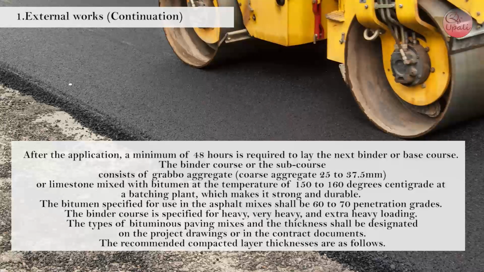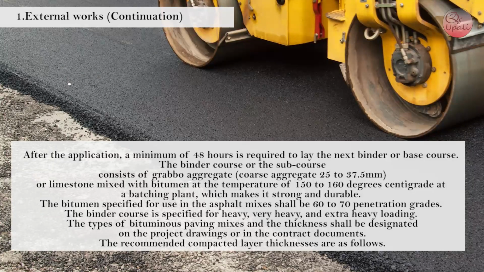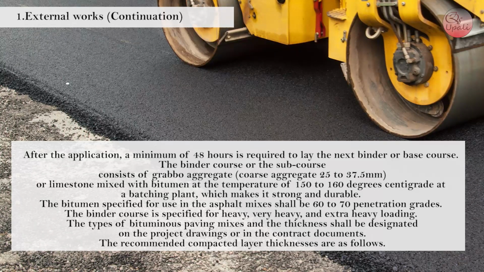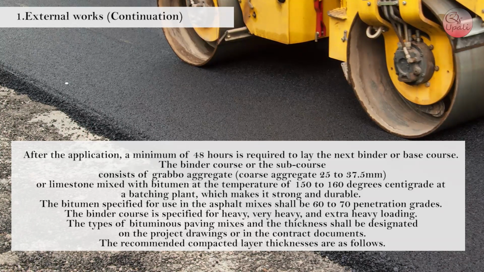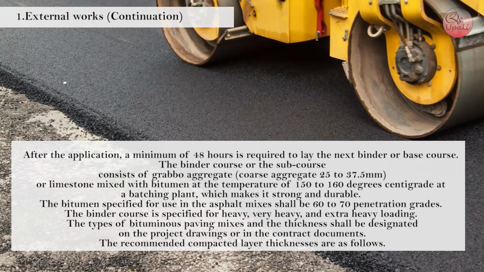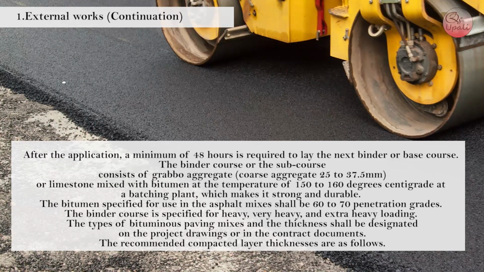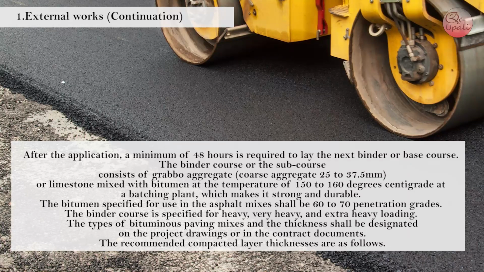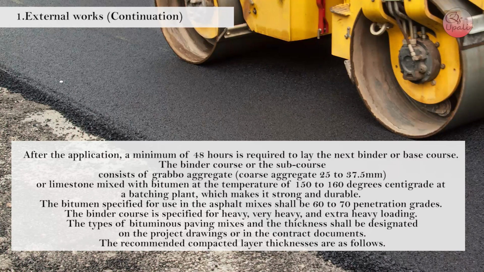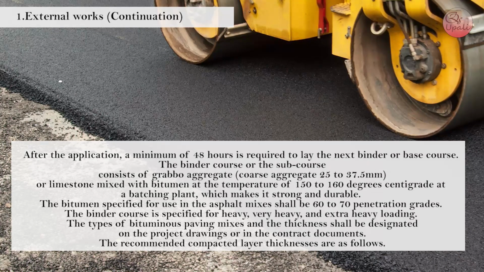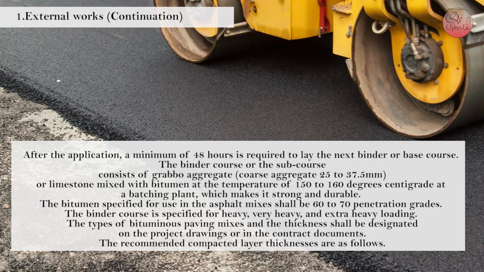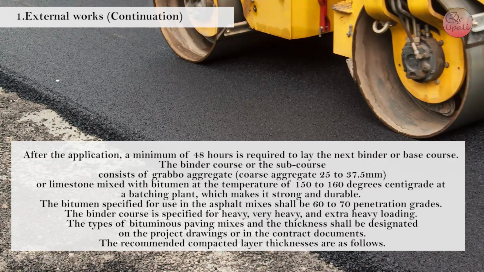The binder course or the base course consists of gabbro aggregate, coarse aggregate 25 to 35.5 mm or limestone mixed with bitumen at a temperature of 150 to 160 degrees centigrade at a batching plant, which makes it strong and durable. The bitumen specified for use in the asphalt mixes shall be 60 to 70 penetration grade.